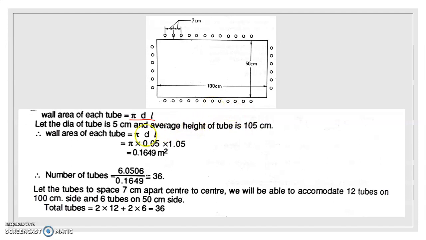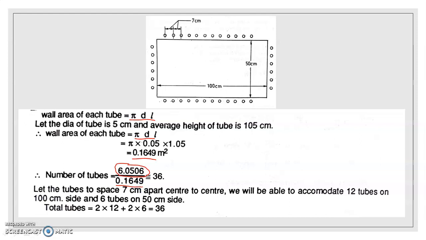So let's calculate the wall area of the tube. It is pi d L. You will get the wall area of each tube, that is 0.1649 meter square. So the total surface area of the tube is 6.0506, and the wall area of one tube is 0.1649.